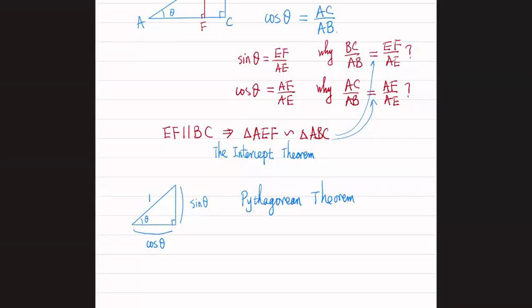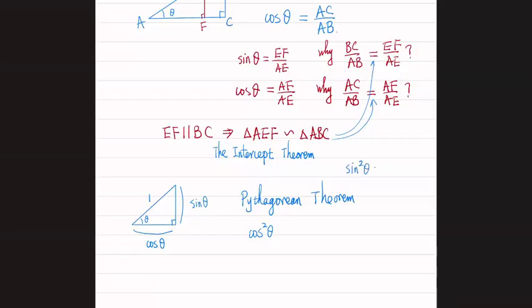So the Pythagorean theorem says that for a right triangle, the summation of the squares of the two legs equals the square of the hypotenuse side. Okay, so we use a short notation.